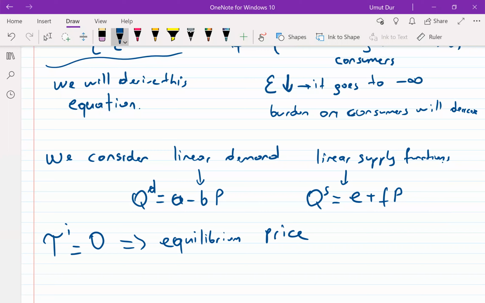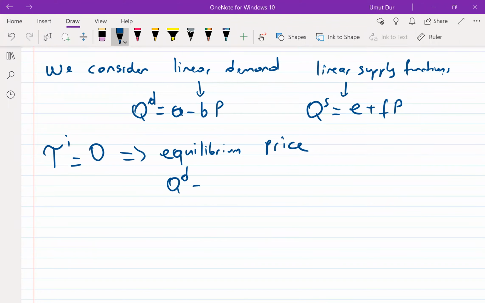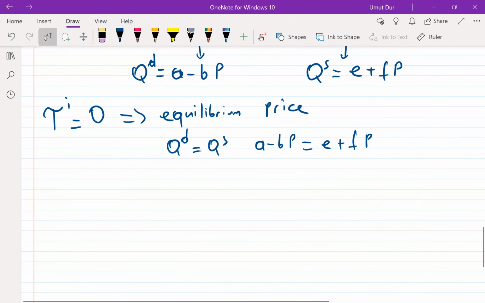How do I find the equilibrium price here? I equalize Q demand to Q supply, so A minus BP is equal to E plus FP. I am interested in the value of P, so I take all P terms to one side and all the other terms to the other side.